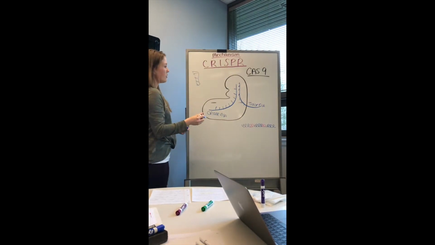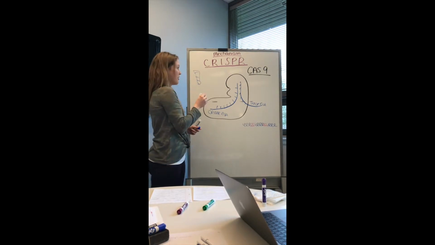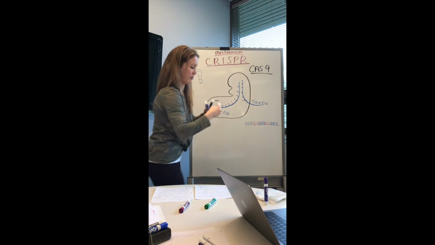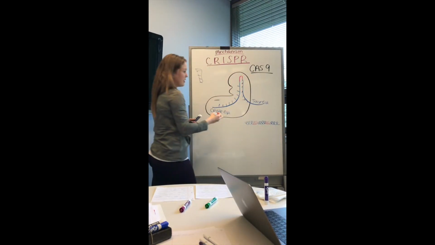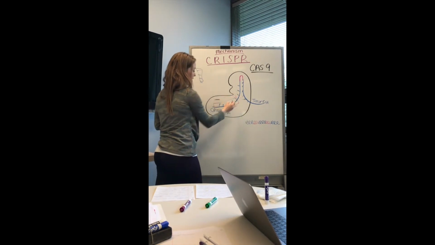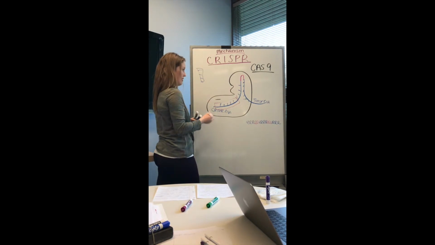Now, what Jennifer and Emmanuel discovered was that if we could fuse these two pieces of RNA and create one strand, we would have a really simple system that we could manipulate, and all we would need to know to target a gene is the sequence of that gene.